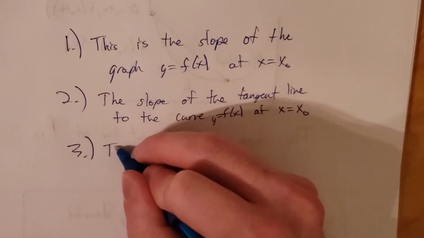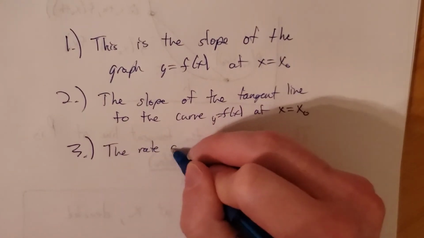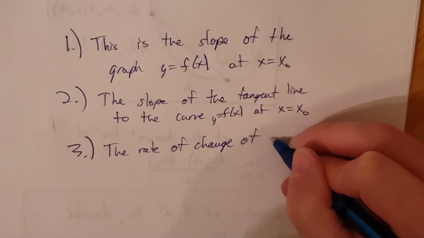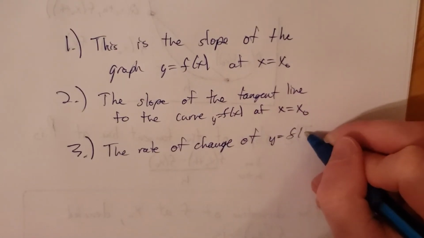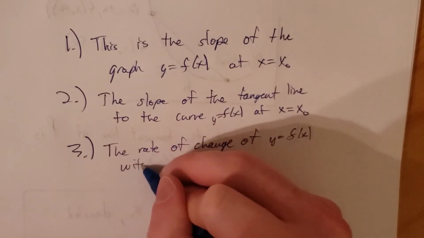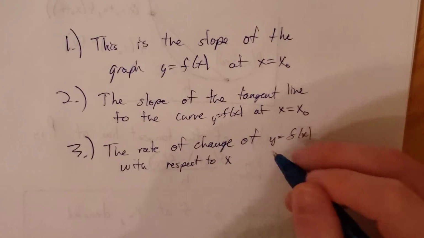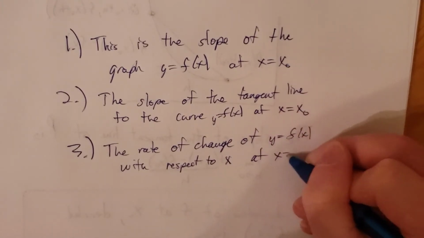The third is the rate of change of y equal to f of x with respect to x at x equals x naught.